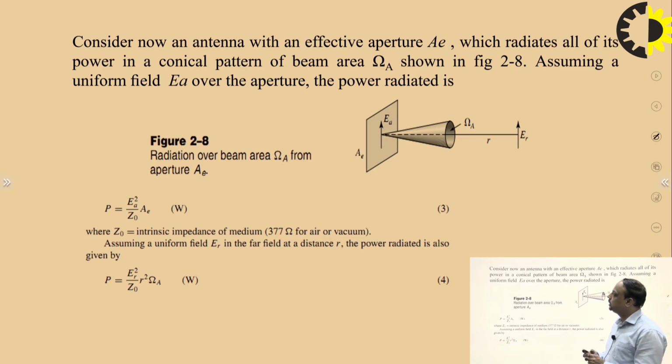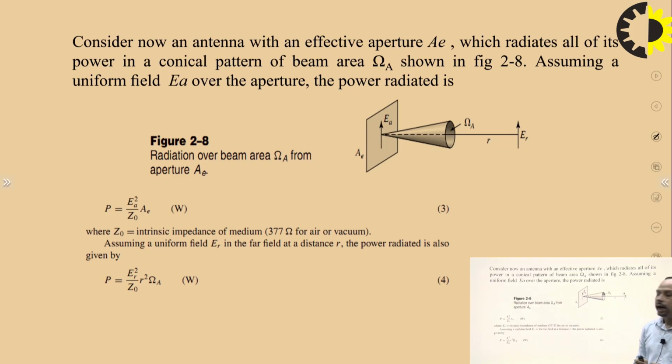So, let us consider a new scenario: an antenna that is transmitting, having the effective aperture AE, transmitting an electromagnetic wave having electric field strength EA at the point of transmission, and ER at a distance R from the transmitting antenna.